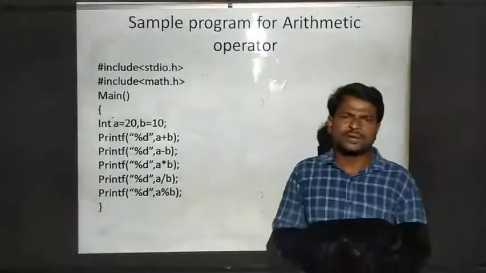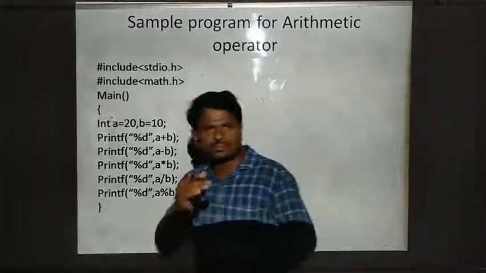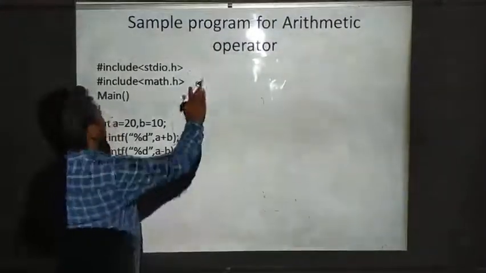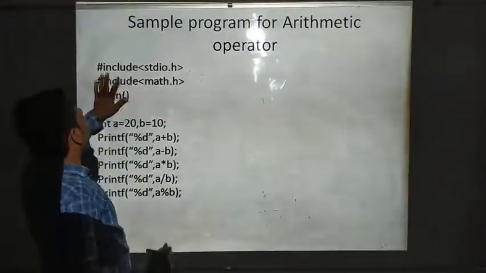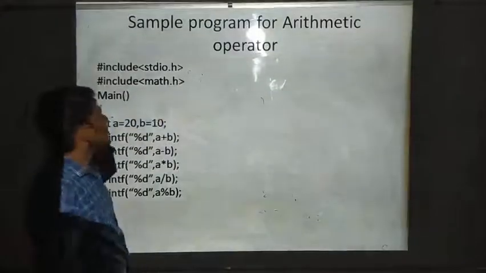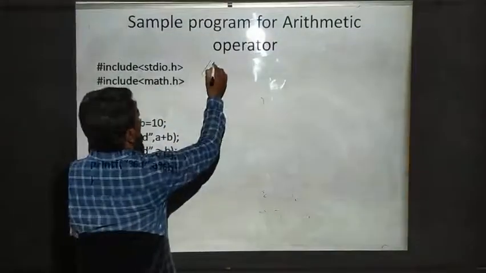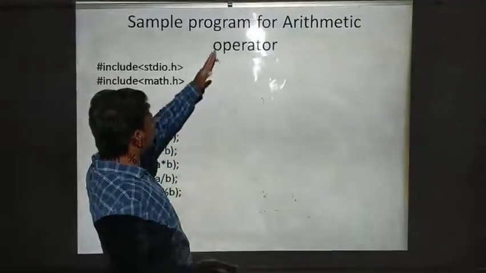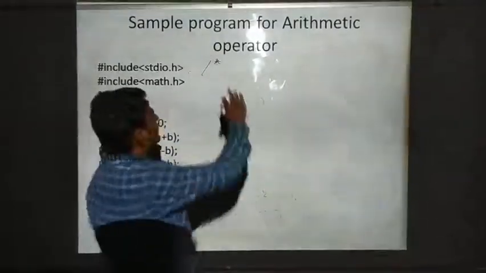Understand clearly now. We write include stdio.h. While programming you can also write comments by giving slash and star. It won't be executed.